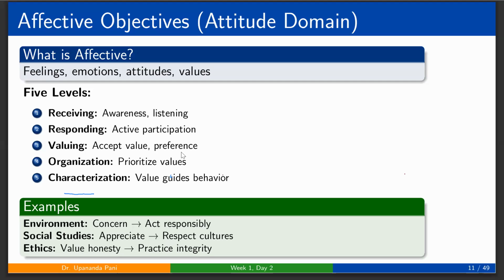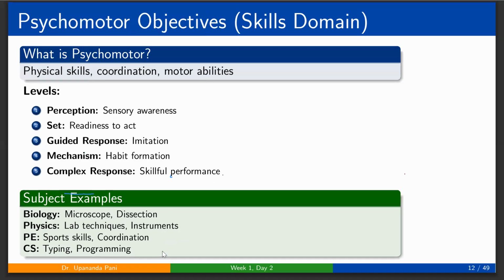Valuing is accepting value and preference. Organization refers to prioritizing the values. Characterization is when value guides behavior. Examples: in environment, concern means you have to act responsibly. In social studies, when we say appreciate, it means respect the cultures. In ethics, when we value honesty, it means we are trying to practice integrity.